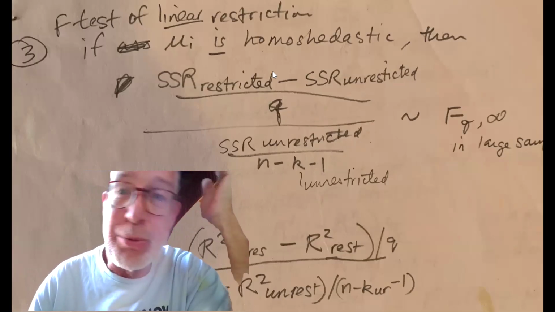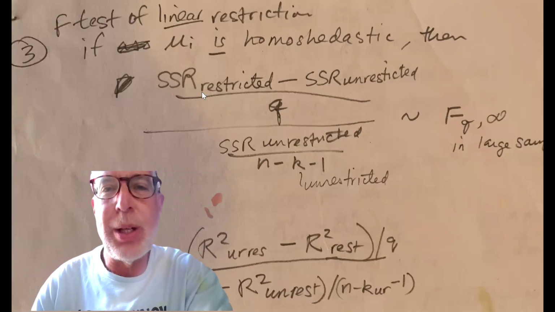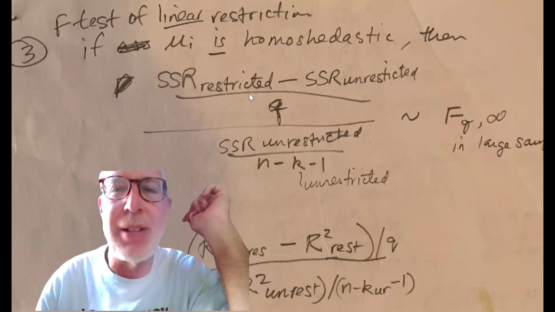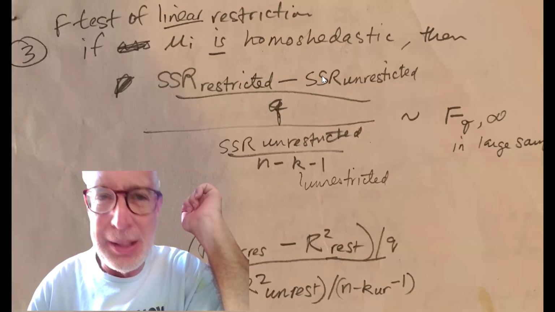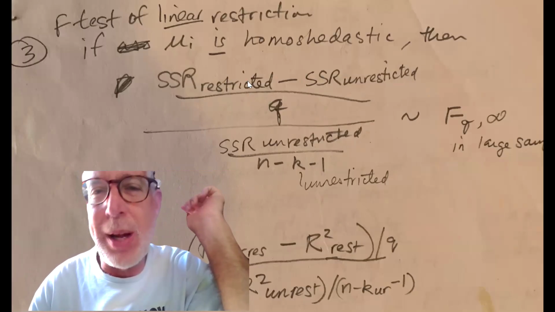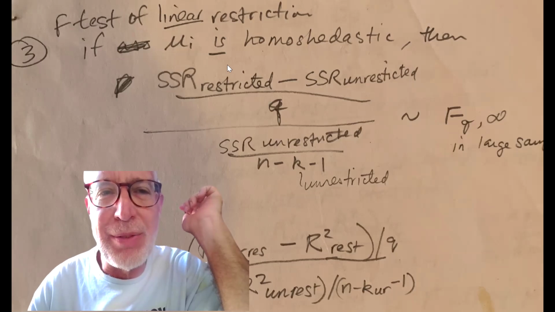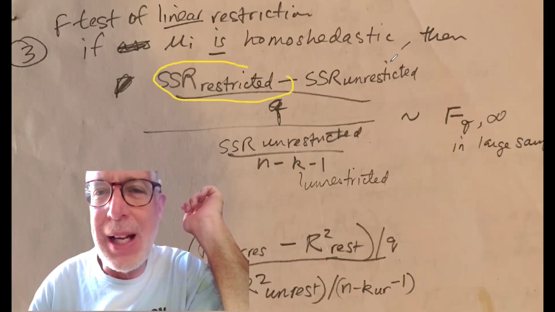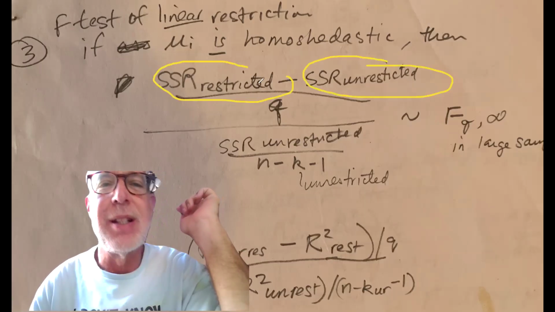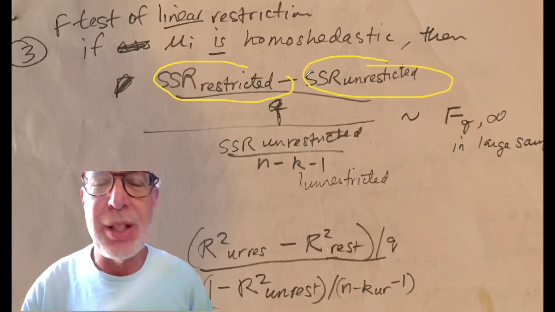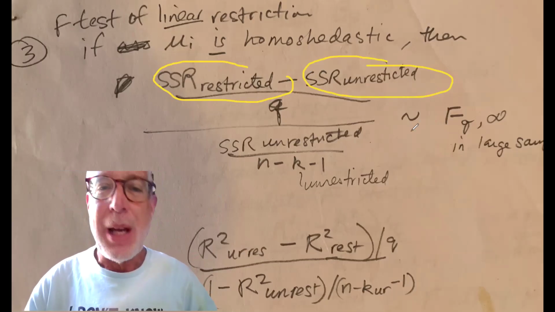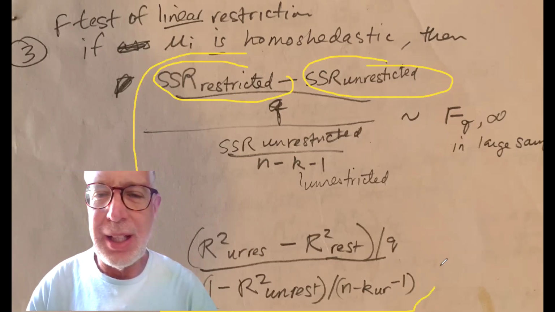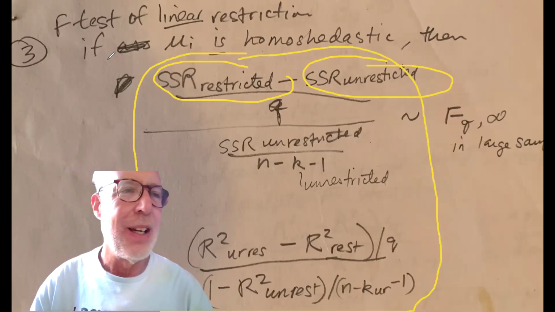So if we rewrite the R square, since everything shares the total sum of squares denominator, we can just get rid of that. And now we have the reverse order since it's 1 minus. So it's the sum of squared residuals of the restricted regression minus the sum of squared residuals of the unrestricted. Sometimes you see the formula written this way, but this and this are exactly equivalent.